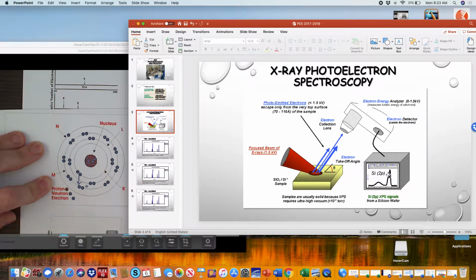Now, what does that mean, different energy levels? Well, think about the structure of the atom for a minute. We know that the closer an electron is to the nucleus, due to Coulomb's law, the more tightly it's going to be held, because distance affects attraction between a positive charge and a negative charge.